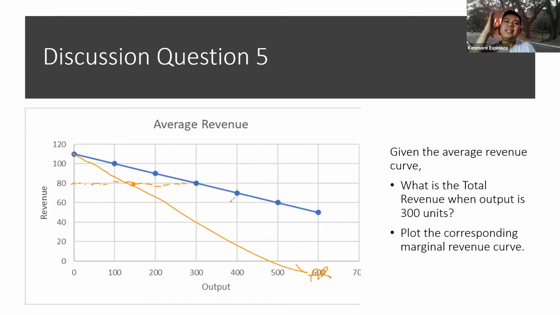Okay, and well, basically it should follow as well that when you get this point, okay, 600, ay mali yung graph ko. Dapat dito siya na point. Okay, so that should follow, that should be your AR. Sorry, MR. Okay. Any questions?